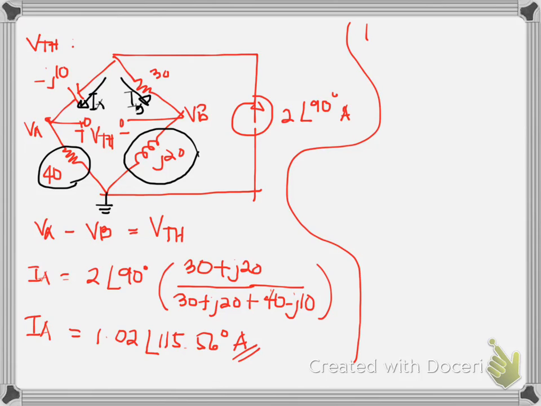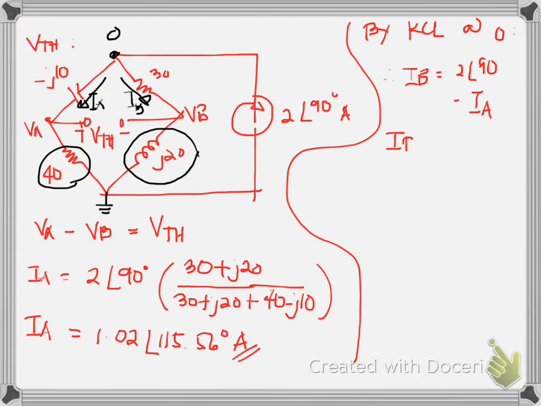And by KCL at node O, let's say this is node O, therefore IB is equal to 2 angle 90 minus IA.